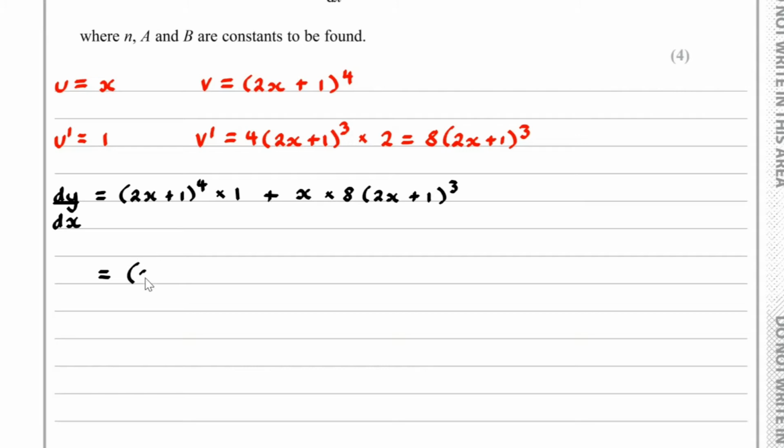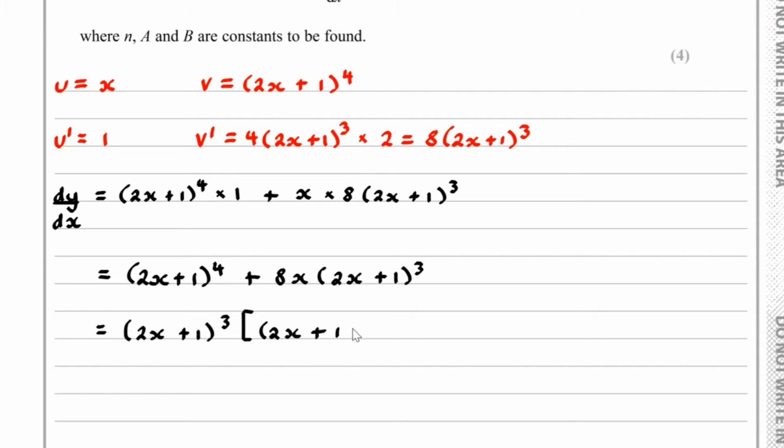So we've got 2x plus 1 to the power of 4 plus 8x lots of 2x plus 1 cubed. And if I factorize out a 2x plus 1 to the power of 3, because that's the highest common factor, inside of our bracket we would have 2x plus 1 plus 8x.